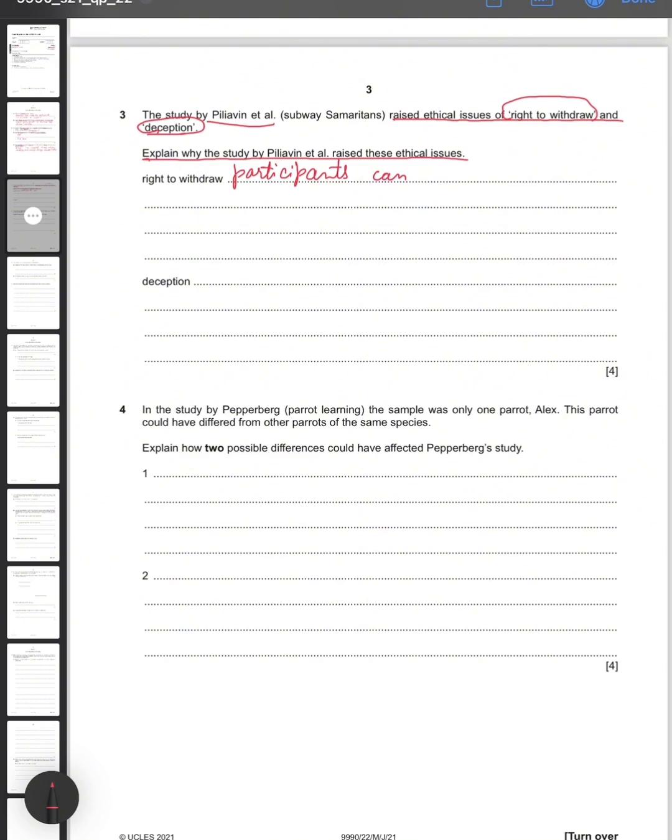We first need to tell what right to withdraw means, right? So it means that participants can leave a study at any time, and they should not be pressurized to continue.